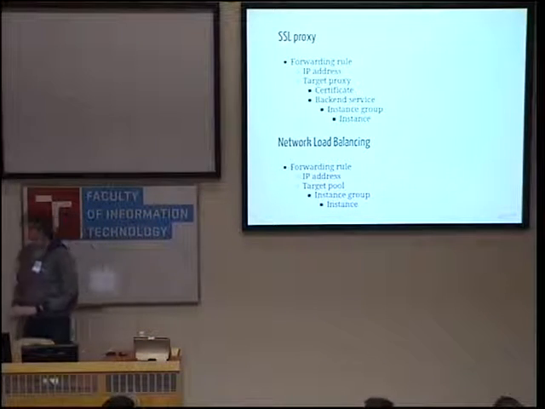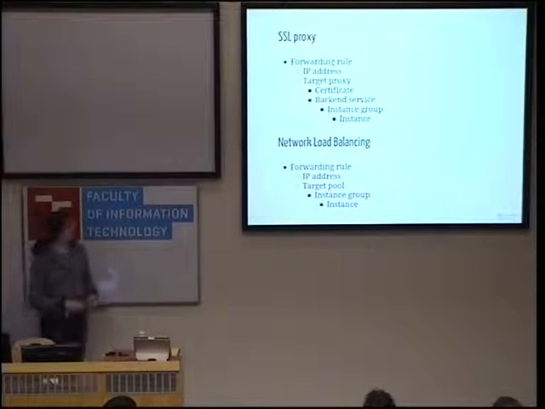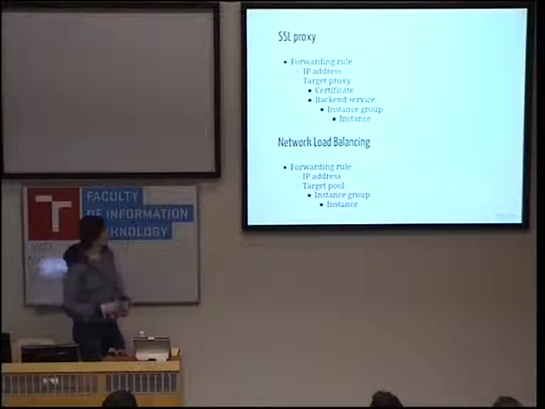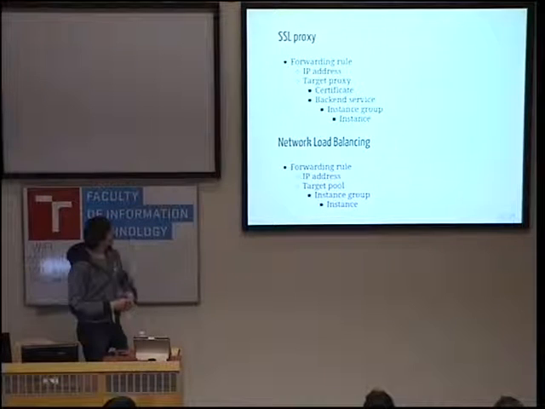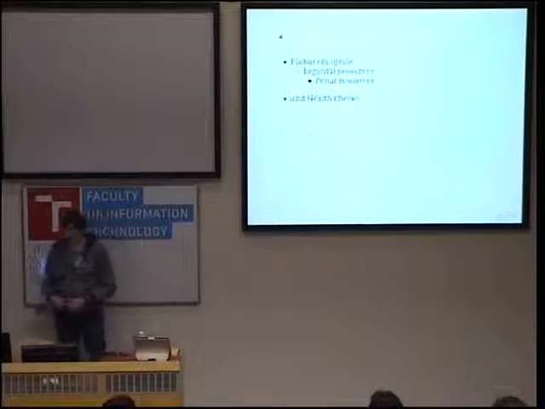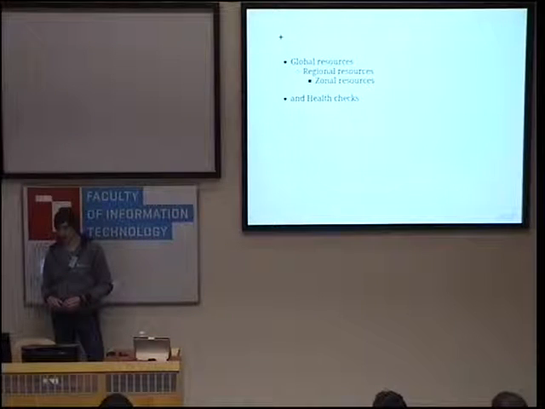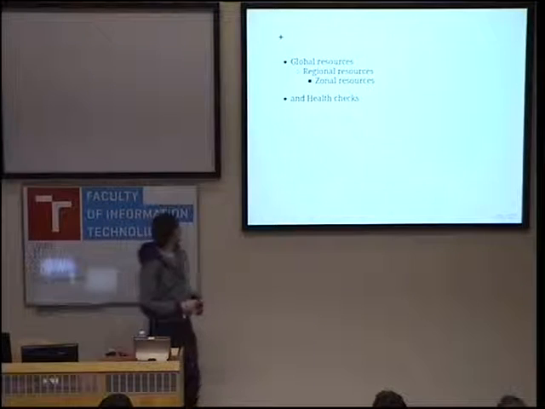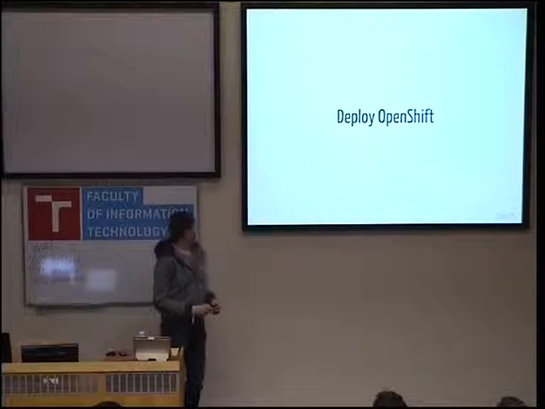For now, we are not using auto healing, but that will be a feature added later with the option of adding additional nodes. And basically that's it about infrastructure. So once you configure all of this, you can deploy OpenShift.